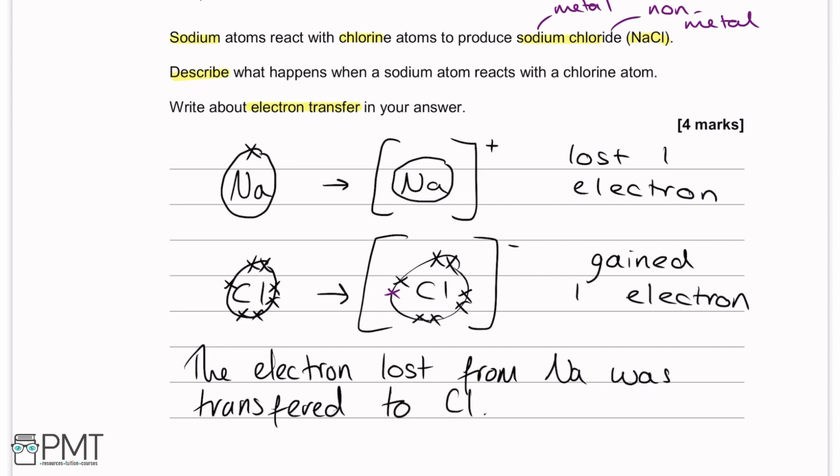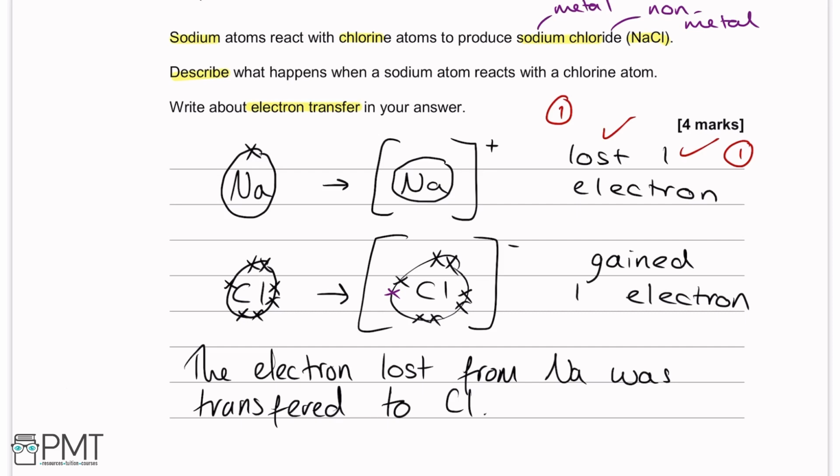Okay? Now this was a 4-mark question. You get 1 mark for talking about sodium losing 1 electron. So 1 mark for saying sodium's going to lose an electron, and 1 mark for saying that it's going to be 1 electron it's going to lose.